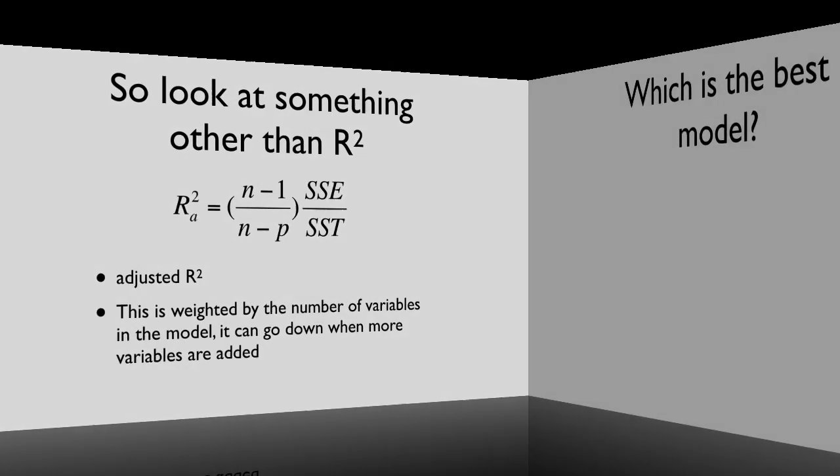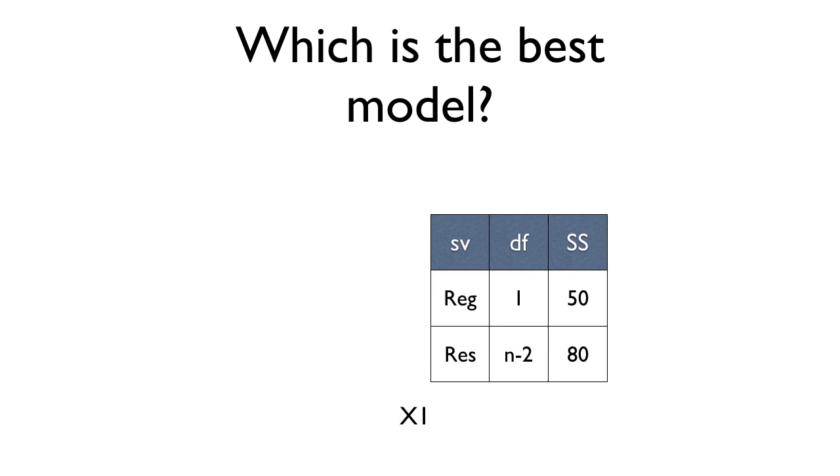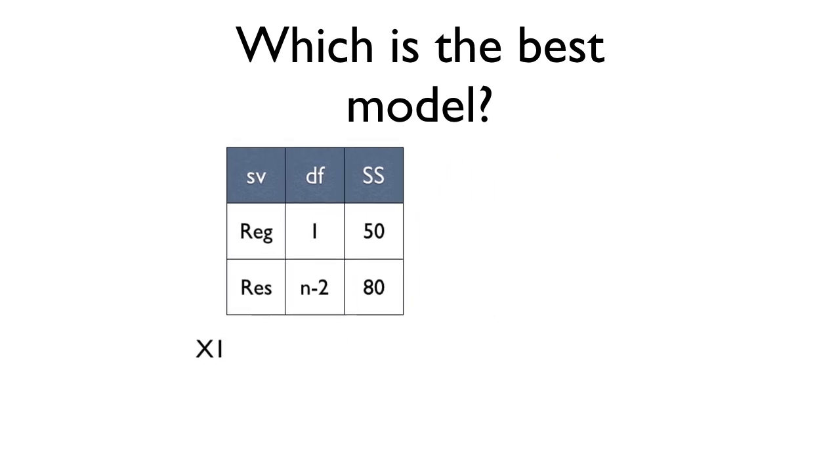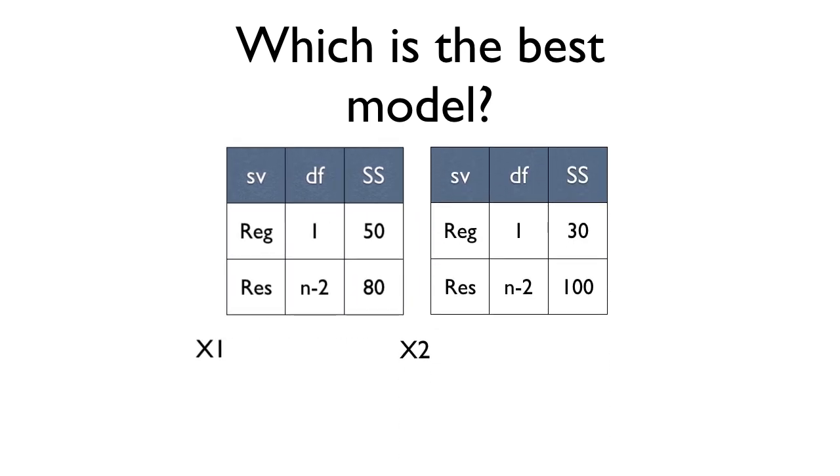Okay, so here's a model with just x1 in the model, and of course an intercept. For regression we've got 1 degree of freedom, and for residual, n minus 2, or n minus p minus 1, n minus p. Sum of squares are 50 and 80. Put that one over there, bring this one here. This is x2, a different variable.